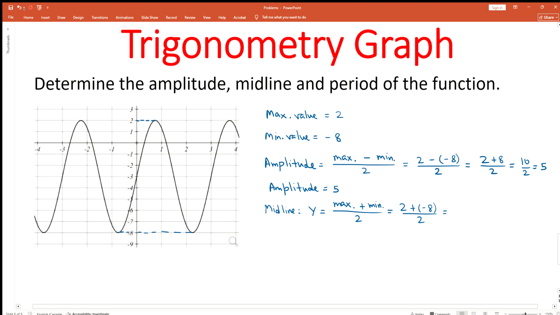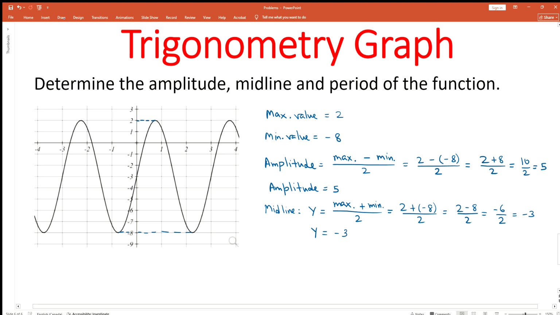Two plus -8 is equivalent to 2 minus 8. I get -3. So the midline is y equals -3.